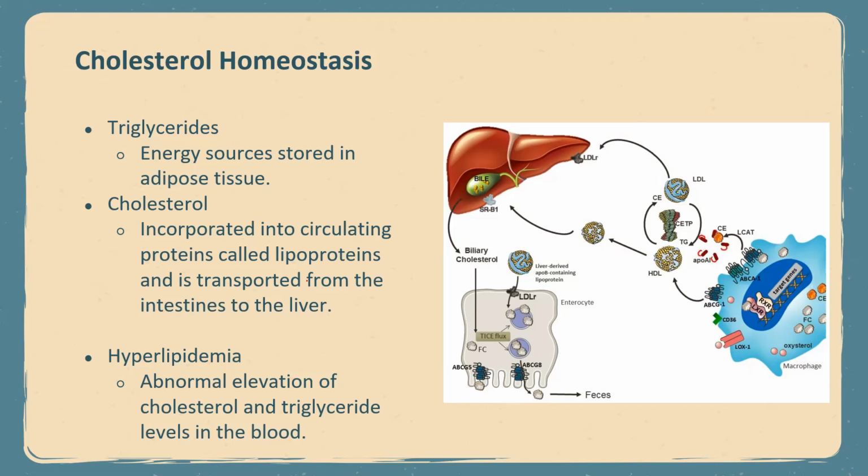The transportation of this cholesterol bound to the protein to the liver will be used for synthesizing steroids used for the endocrine system, such as the bile needed for our food absorption, as well as cell wall synthesis.